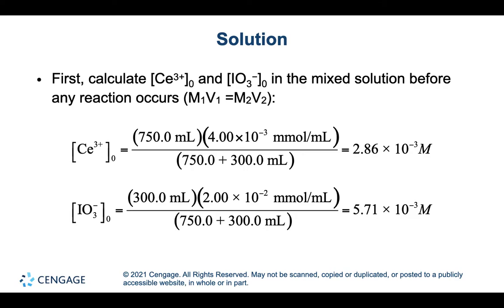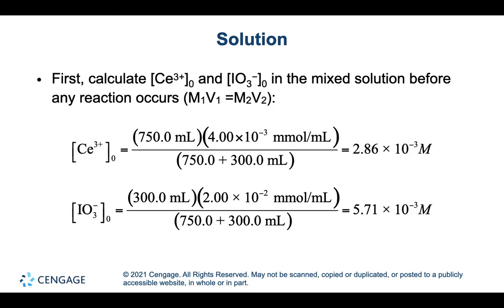So keep in mind, if you're doing one of these problems, determining whether a precipitate occurs, you have to account for the dilution effect from mixing the two solutions. When you mix two solutions, they dilute each other and change each other's molarities.